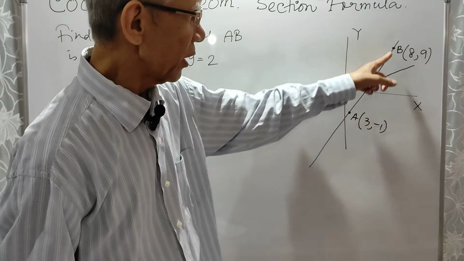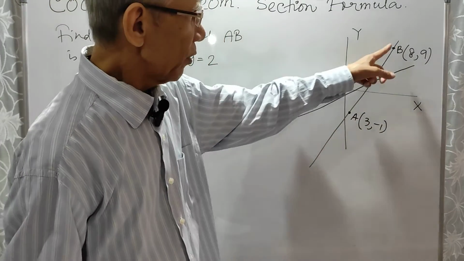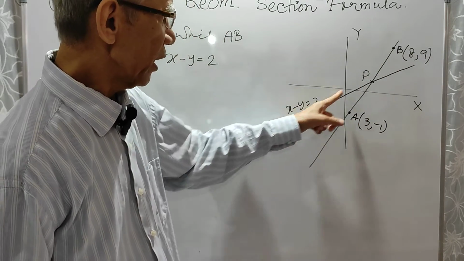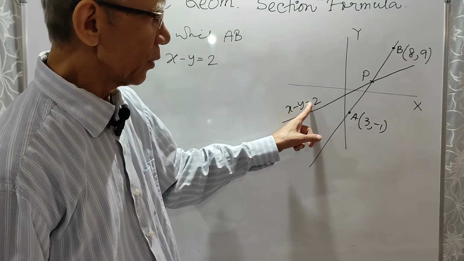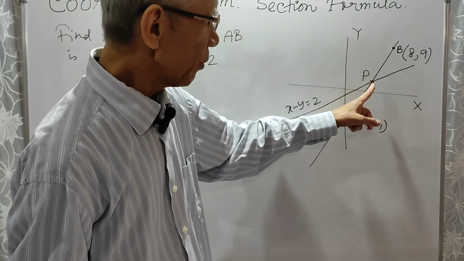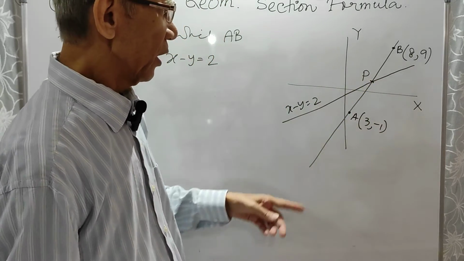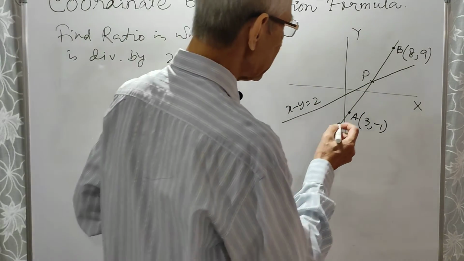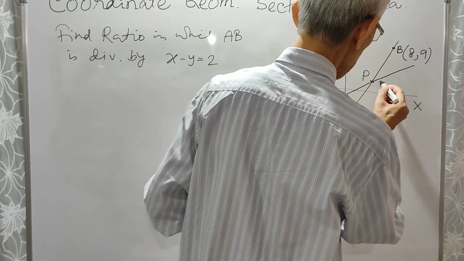These 2 points are given. Now this AB is divided by this line whose equation is x minus y equal to 2. So it is dividing at which point? P. Now you have to find the ratio. Now P is not given. Now we have to assume P(x, y).